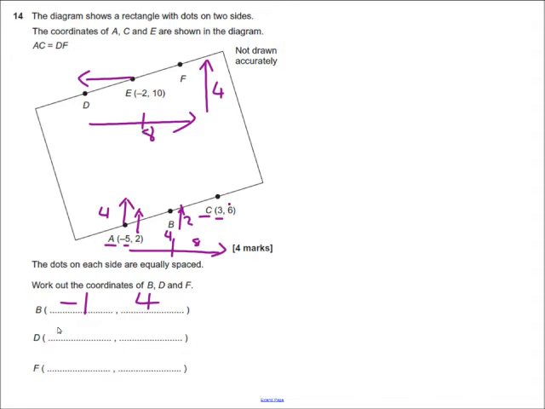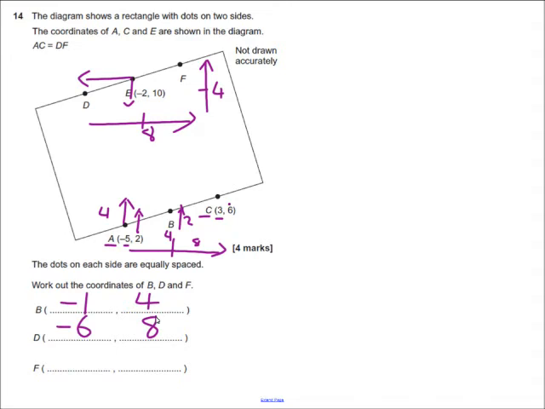So -2 minus 4 is -6. And from E, from 10, we're going down 2 places from 10, half our distance of our rise. So 10 minus 2 is 8. So the coordinates of D is -6 and 8.